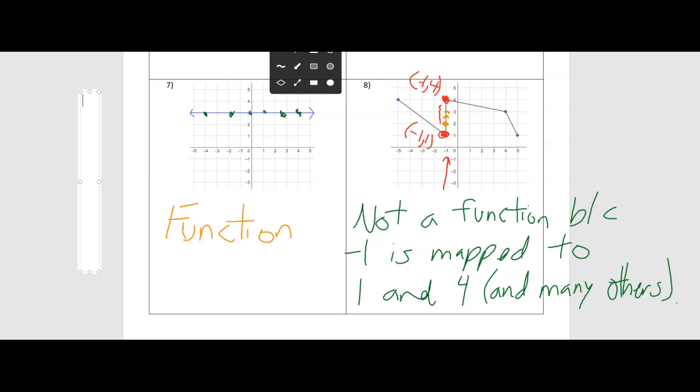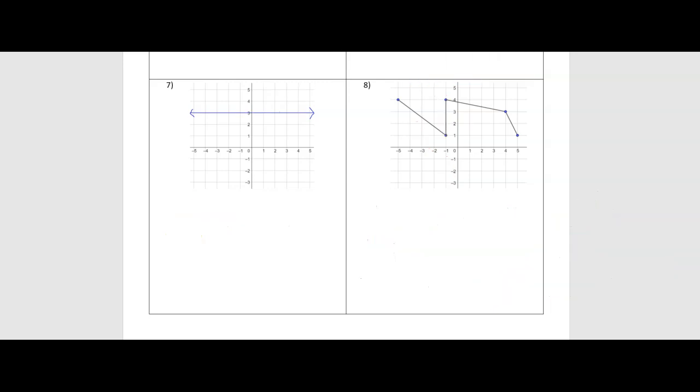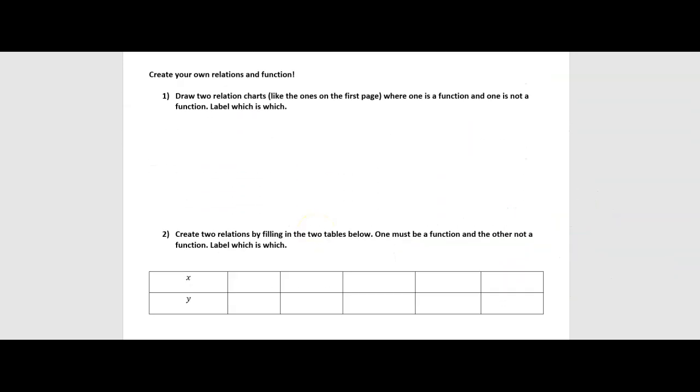Let's move on to our last page. Get some more practice in. We're actually not going to go over these on the video, but I'll just explain what's going on here. You get to now create your own relations and functions. This should say functions. So the first set of 2 problems, you're going to draw the 2 charts.